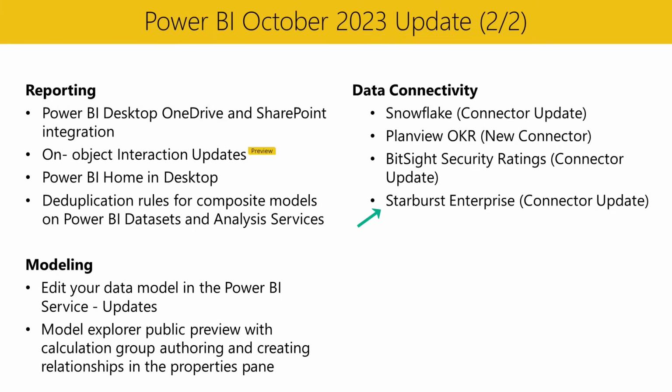And last, for data connectivity, we have an update to the Starburst Enterprise connector. The Starburst Enterprise connector has been updated, and here are a few release notes from the Starburst team. They've added optional connection string, non-credential properties in the advanced section to allow using other ODBC connection parameters.